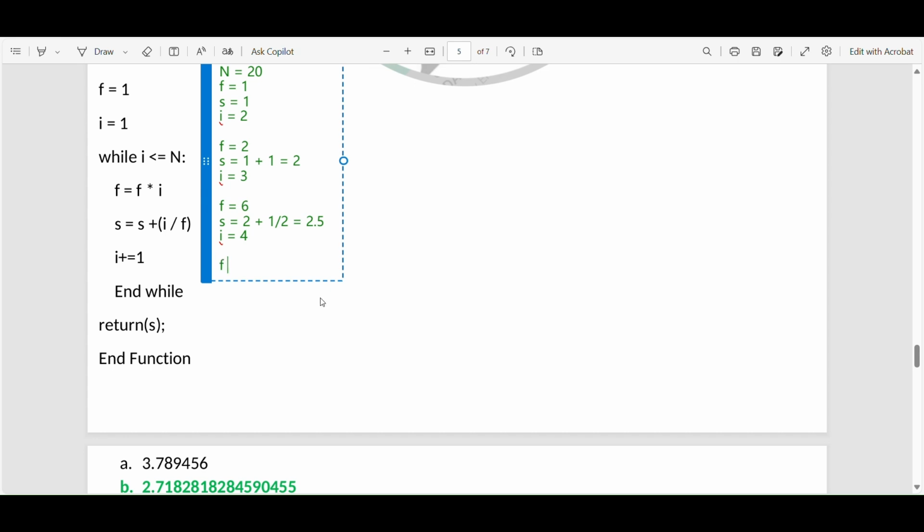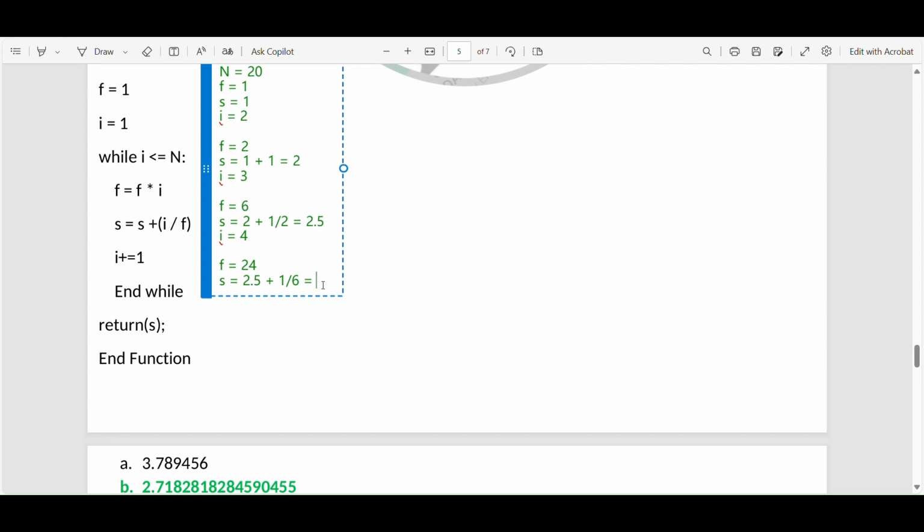So we are again testing that. Now f will be equal to 6 into I. 6 fours are 24. So next we have the value of s. What is s? It is 2.5 plus I by f. 4 by 24 will be 1 by 6, right?